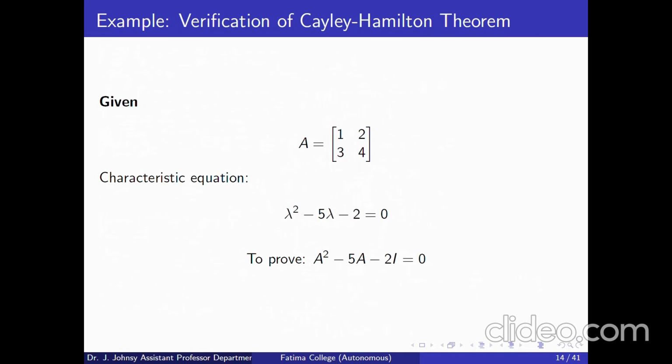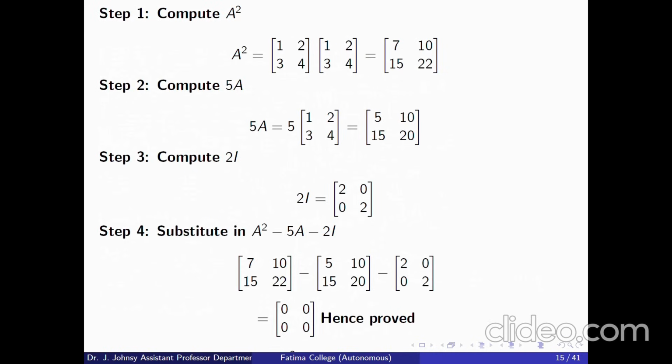Then we have to prove that A square minus 5A minus 2I equal to 0. So these are the computational steps. The first step, compute A square and 5A and 2I, then substitute, we'll get the 0 matrix. Hence, the Cayley-Hamilton theorem is proved.